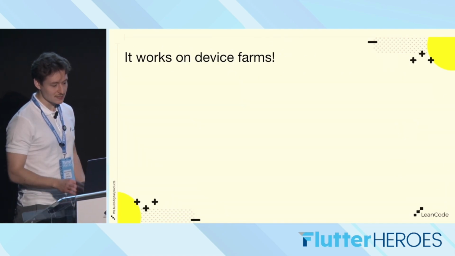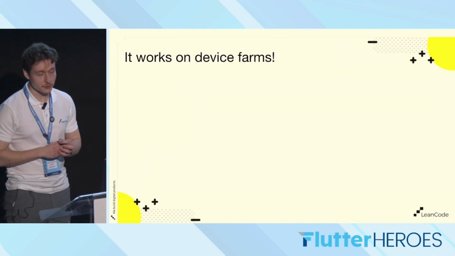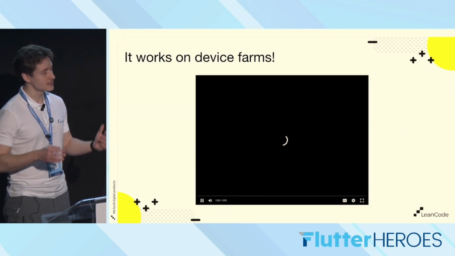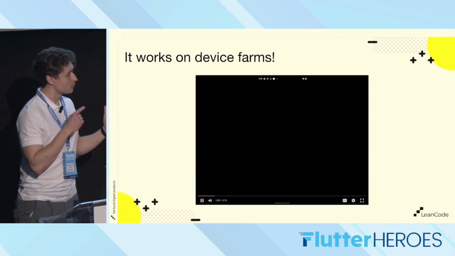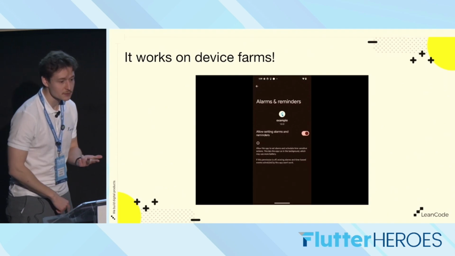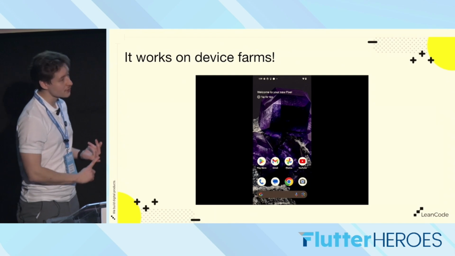And last but not least, it also works on device farms. We have projects for our clients where we can finally run Flutter integration tests on BrowserStack, on Firebase Test Lab. We also have a project with Sauce Labs, a project with emulator.wtf, and a project with Marathon Cloud.